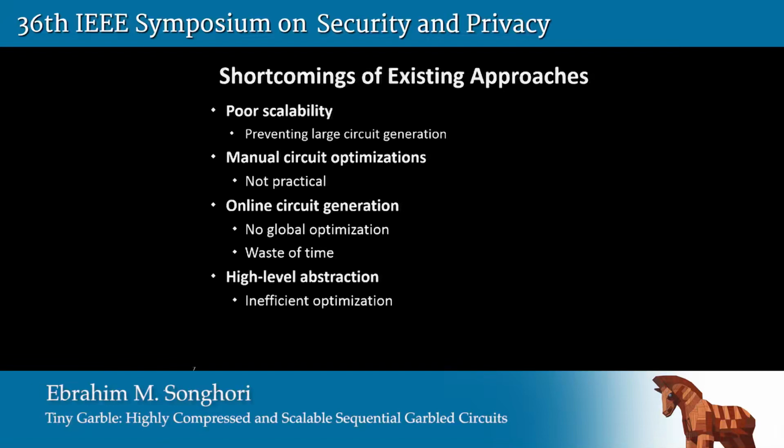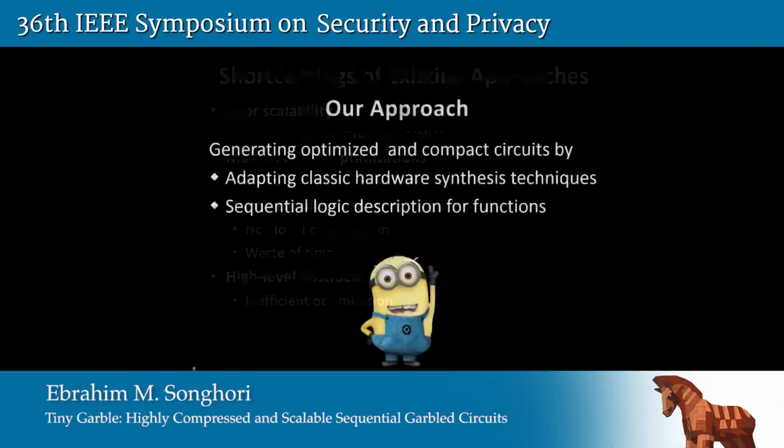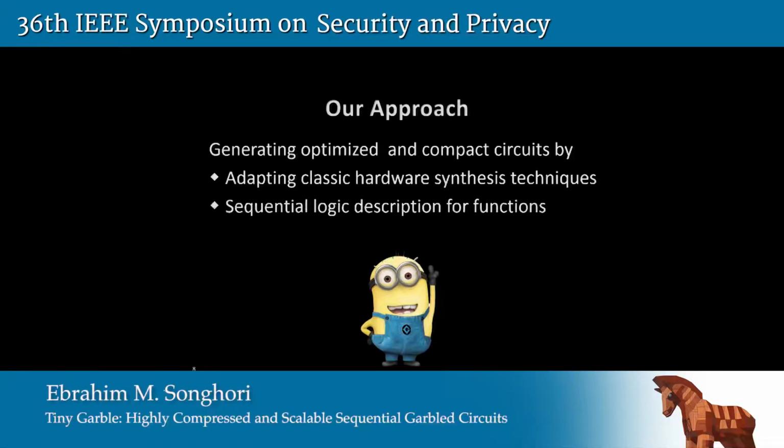And some of them also provide high-level abstraction, which usually results in inefficient optimization compared to manual optimization. Okay, what's our approach? We thought maybe we can use hardware synthesis tools and techniques that have been around for half a century, and they are used for the same purpose, translating a function description into a Boolean circuit, but for a different objective, for actual hardware and actual devices.